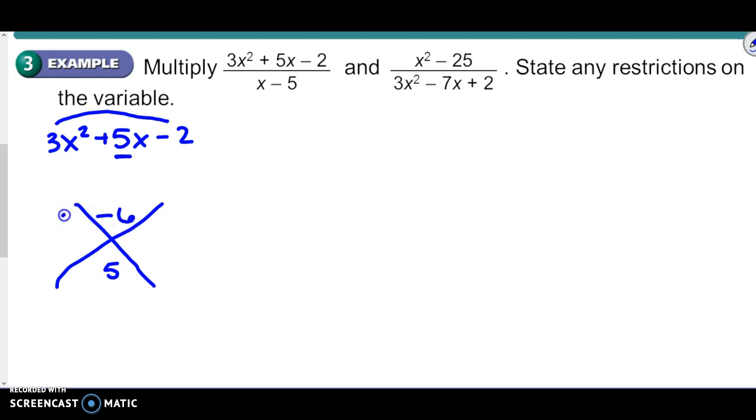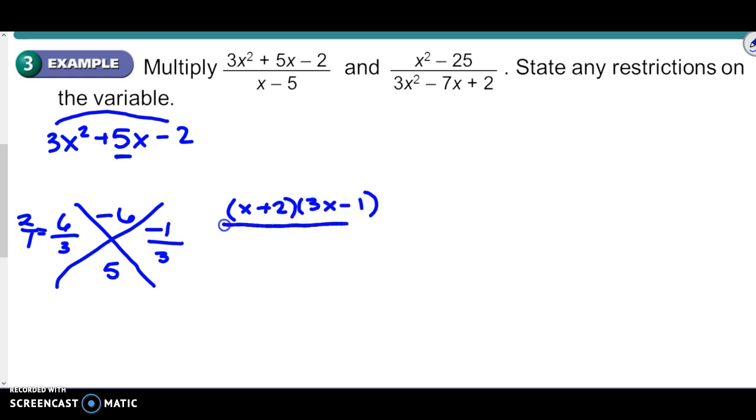So we would have a 6, and we would have a negative 1. 6 times negative 1 is negative 6. 6 minus 1 is 5. And then we divide the factors by a, and our a in this case was 3. So 6 over 3 reduces to 2 over 1. So for this first one, we would have x plus 2, 3x minus 1, all over the x minus 5.